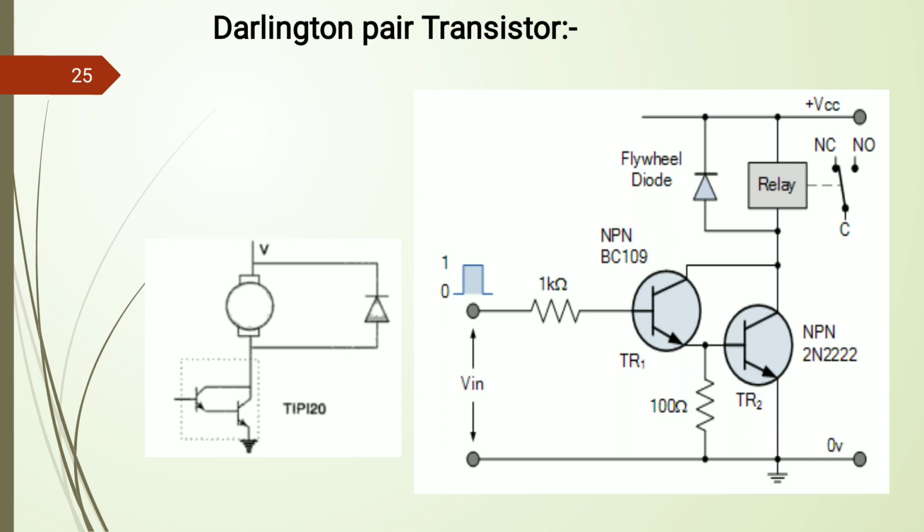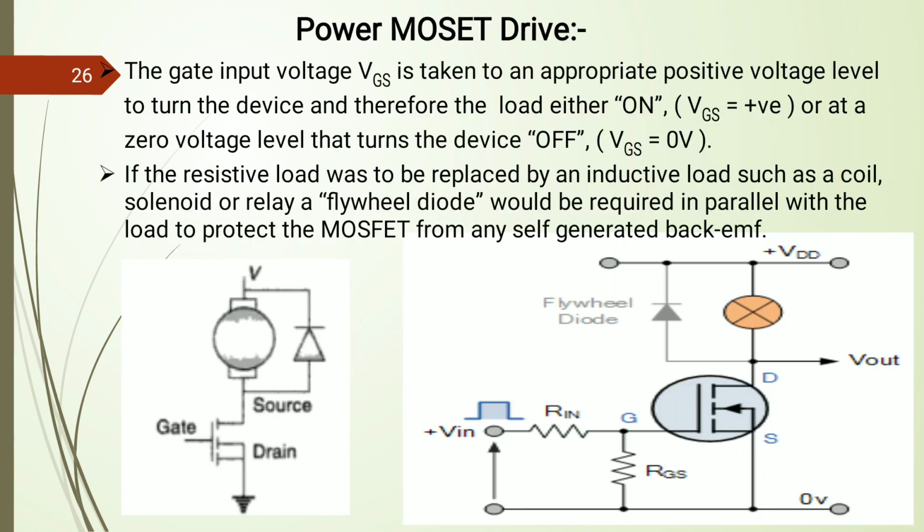for enhancing the current capability. Here there are two diagrams, one is a general simple diagram, and the second one is showing some resistances connected terminal wise. And here a relay is mentioned, but we cannot connect the motors directly, so we need to interface a relay.